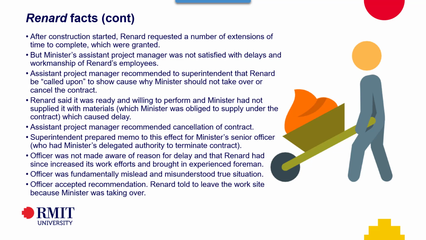So the officer had fundamentally misunderstood what the problem was, and had ultimately misled the minister or the superintendent into understanding what the problem was as well. So the officer accepted the recommendation, and Renard was told to leave the worksite because the minister was going to take over. So we've ended up in this kind of clearly unfair but complex web with lots of different people.